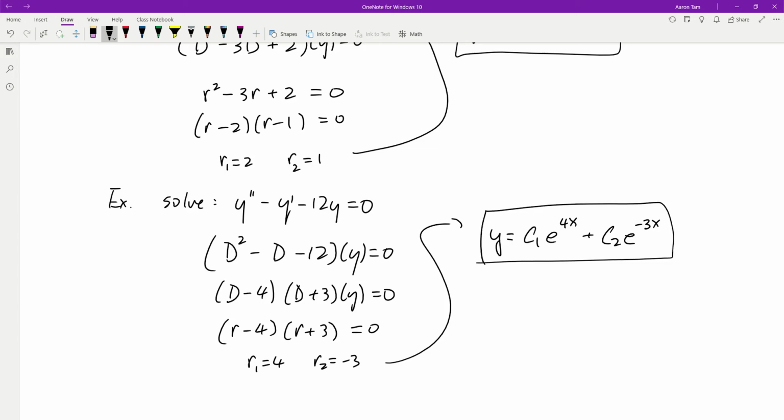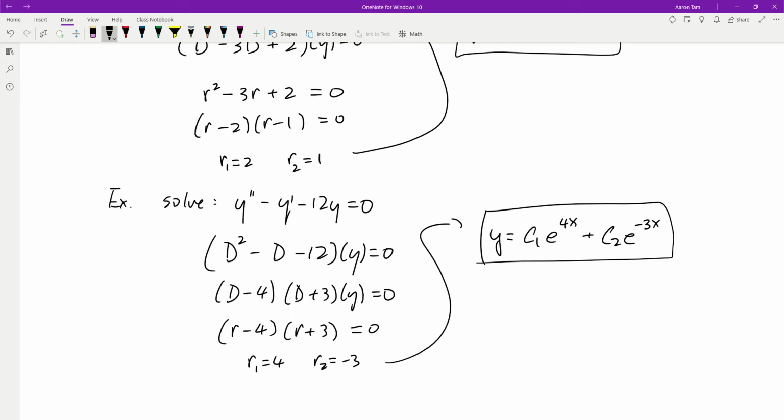Simple enough. Good. So now notice how easy it is to use characteristic roots to solve differential equations. And as a matter of fact, it will probably be one of our most basic and most commonly used techniques when we deal with this type of equation.